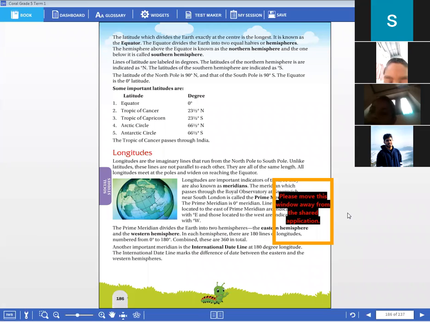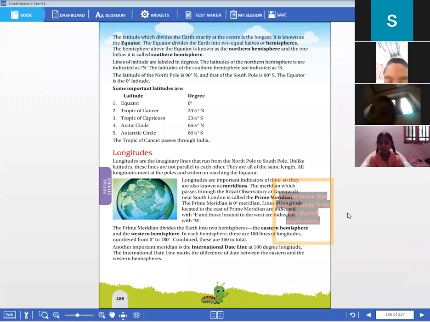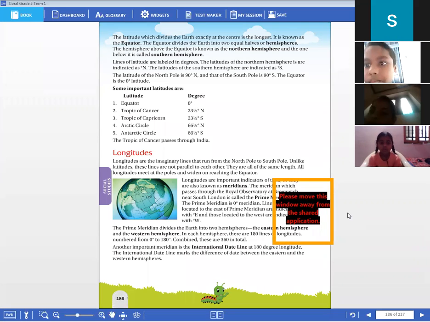Equator is the longest latitude among all, and that divides the Earth into two halves, which are called hemispheres, children. Okay.